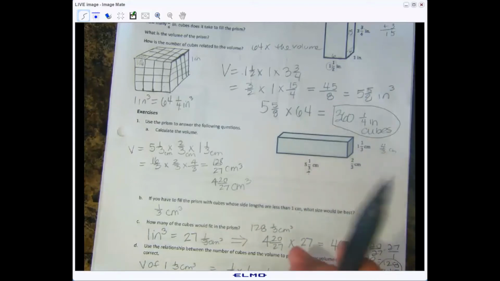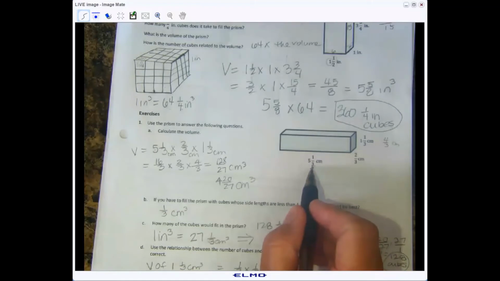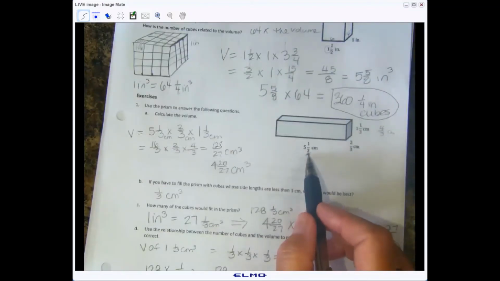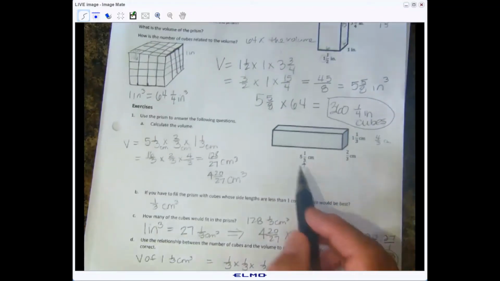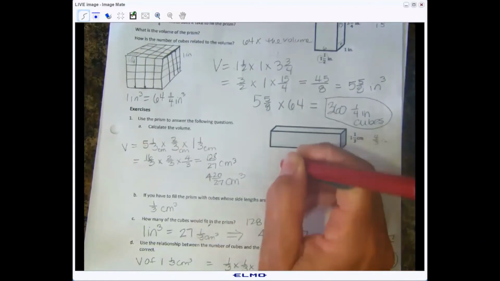Well, if you have to be smaller than a centimeter, I would say the 1/3 is your best bet. You don't want to choose a half or a fourth, because that would not work out perfectly with this 1/3 that's left over. Okay, so let's just pick the 1/3, and then we know it'll work out.